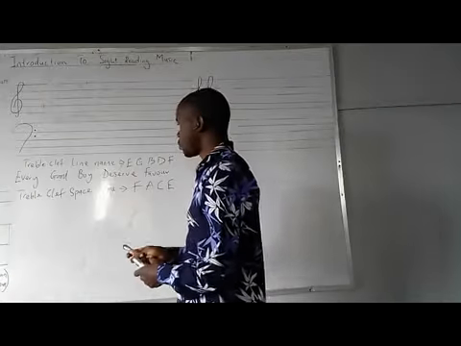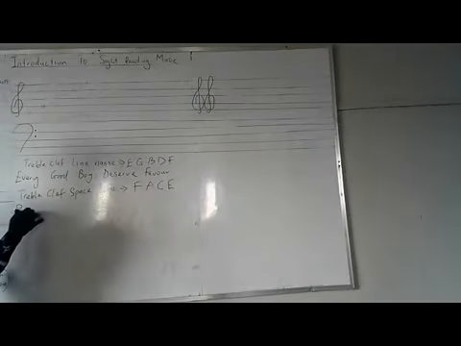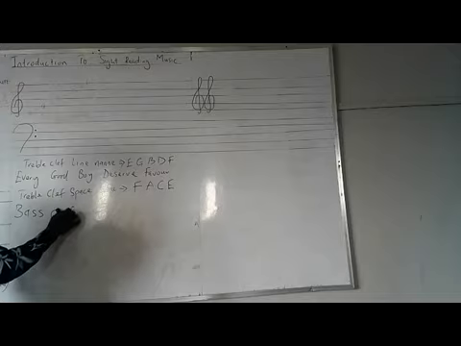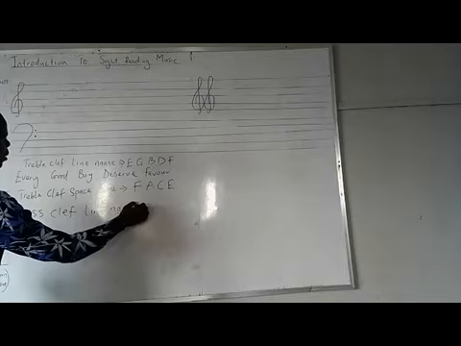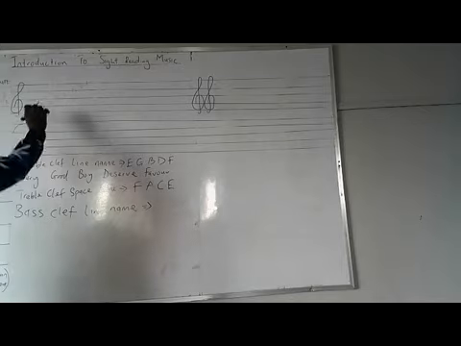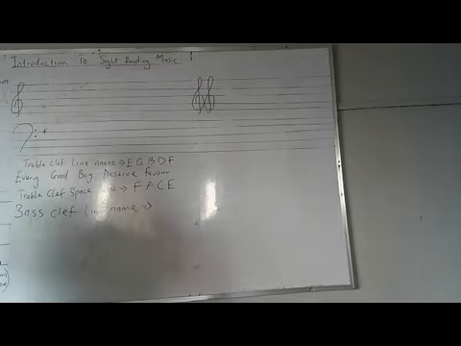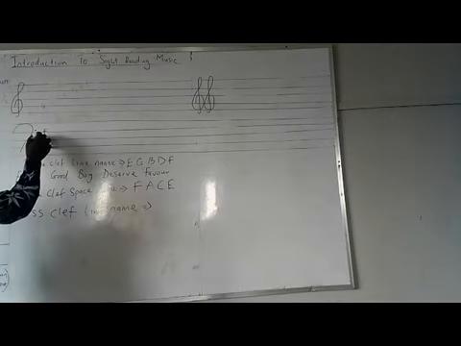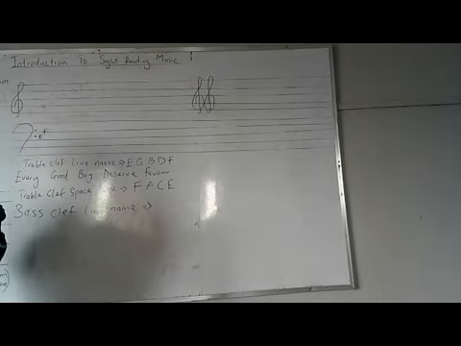So that is the name of the treble clef. Now we are going to learn the bass clef. The bass clef line names. Now this is our F. If you are writing it downward, F, what would this one be? E. What would this line be?